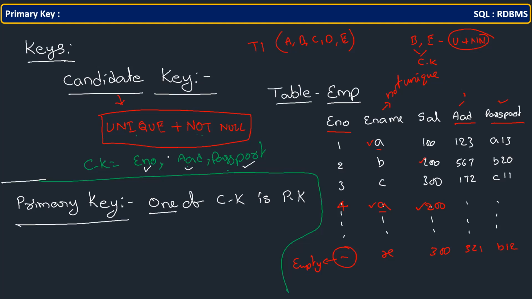But only one person you should select as prime minister. Whoever is flexible for most of them, that person is going to become the prime minister. Candidate keys are eligible for the primary key, and you will select the primary key based on your flexibility.